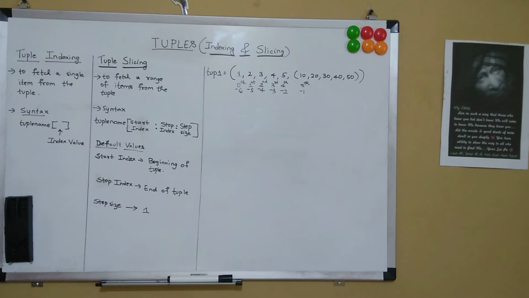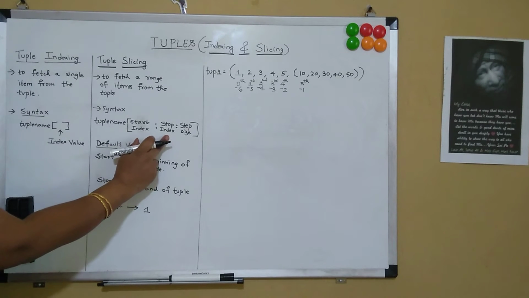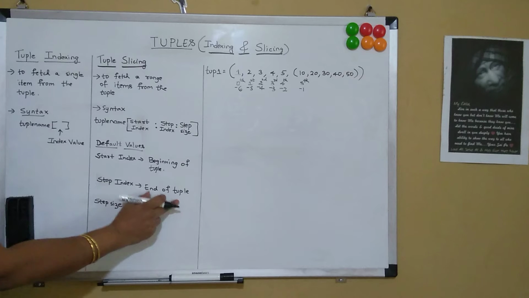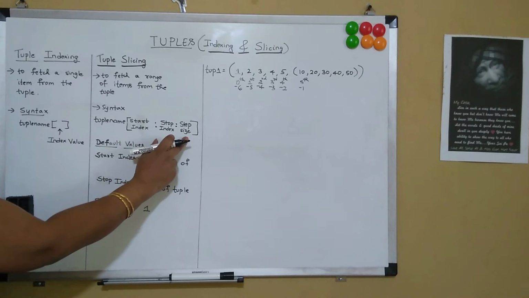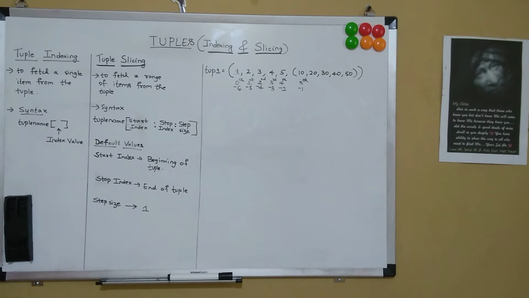If we don't specify the stop index, the items will be fetched till the end of the tuple. And if we don't specify any step size, one will be taken as the step size.